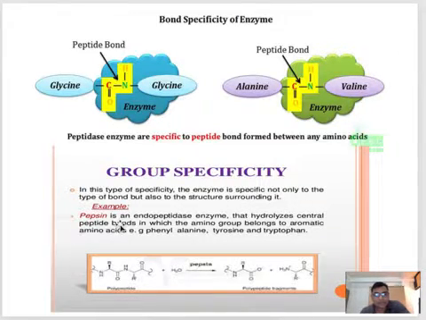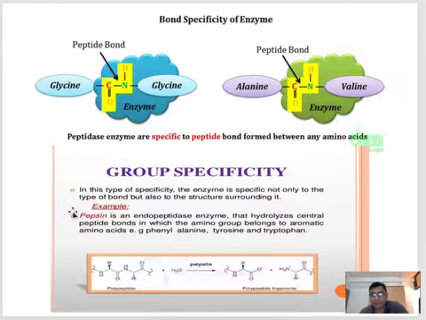One example is pepsin. Pepsin is an endopeptidase enzyme, so it breaks the protein from inside, not from the outside. Pepsin is an endopeptidase enzyme that hydrolyzes central peptide bonds in which the amino group belongs to aromatic amino acids, for example, phenylalanine, tyrosine, and tryptophan.